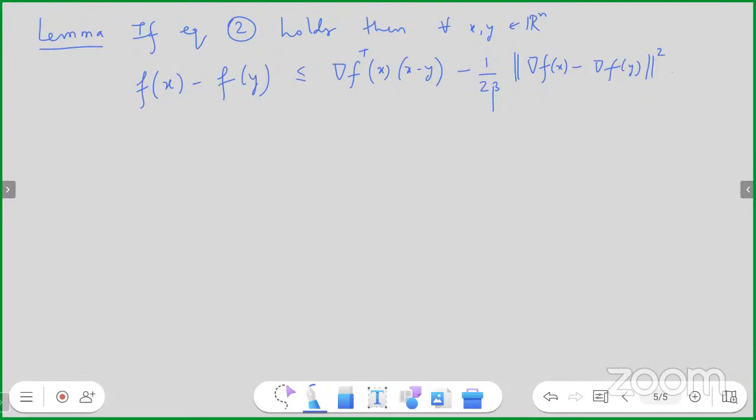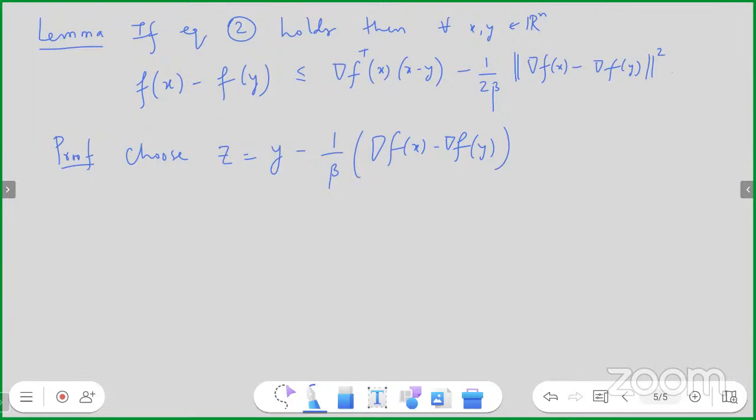If equals to x and y equals to del x minus del y plus... Let's choose a new variable z to be equal to y minus this quantity.